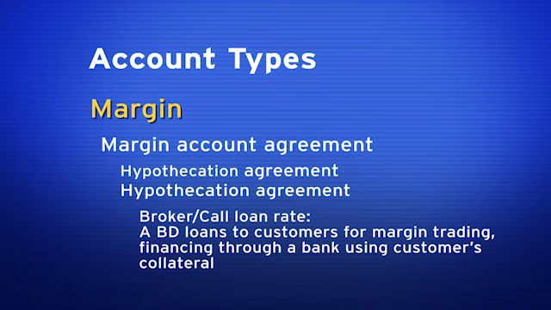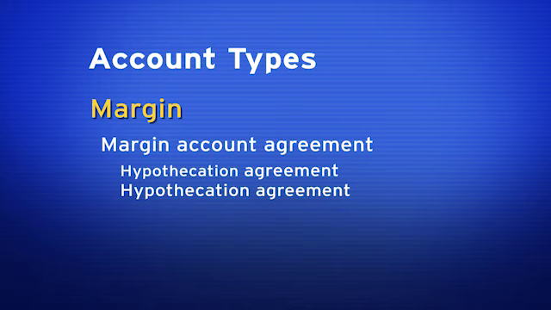Well, when the broker-dealer goes to finance that margin debt at a bank, the bank is going to want the broker-dealer to pledge the customer securities as collateral. So the broker-dealer will rehypothecate the customer's securities to the bank, and this is allowed in the hypothecation agreement. They'll repledge the customer's securities as collateral to the bank.